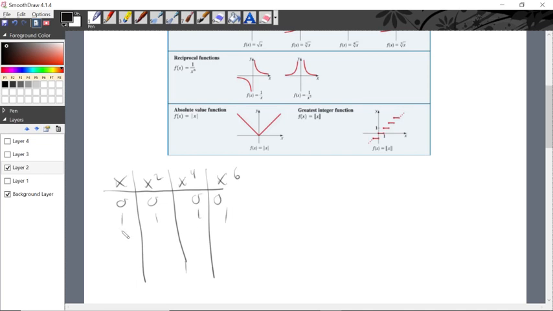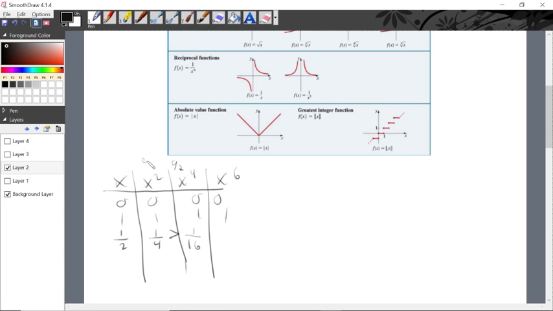But what happens if x is 1/2, or 0.5? Well, x squared is 1/2 squared, that's going to be 1/4. x to the 4th would be 1/2 to the 4th, that's 1/16. And notice 1/16 is less than 1/4. These are all y values.